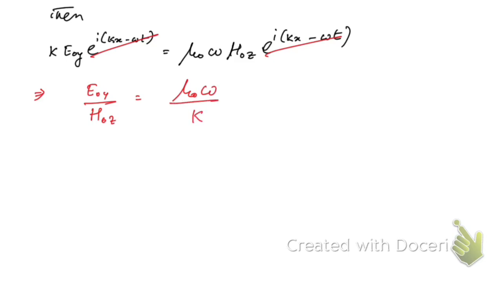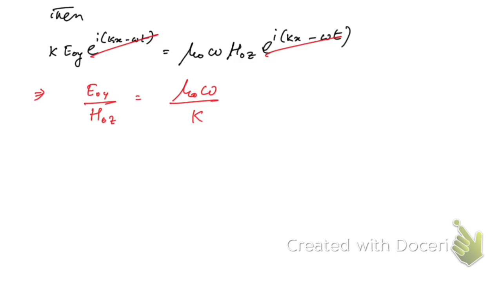That's what we get. And if you multiply this mu naught here, then you're going to have mu naught H naught z by k, and in that case you can write this one as B naught z. Okay, so if you don't write this one, then you can keep it this way also.